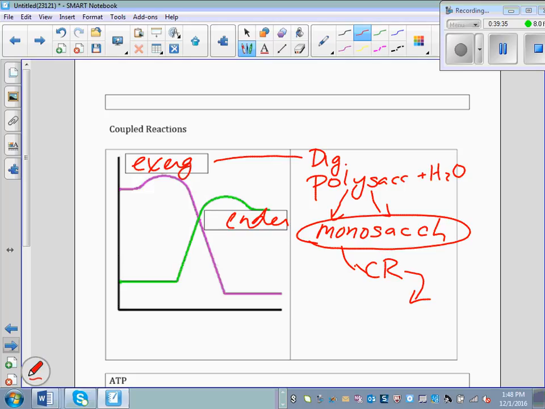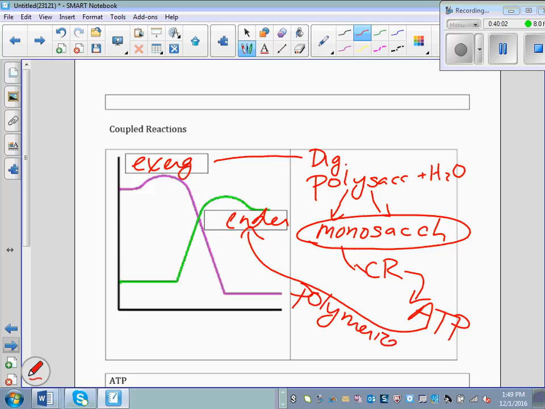Cellular respiration releases ATP. What's that ATP going to be used for? Endergonic reactions, building muscle. So this is going to power my endergonic reactions to build my muscle.